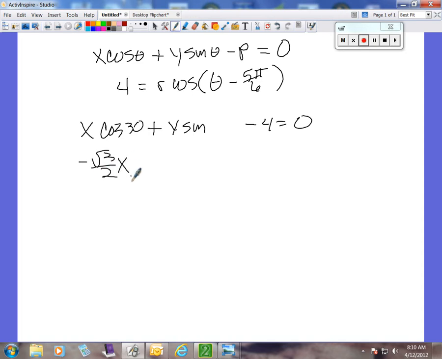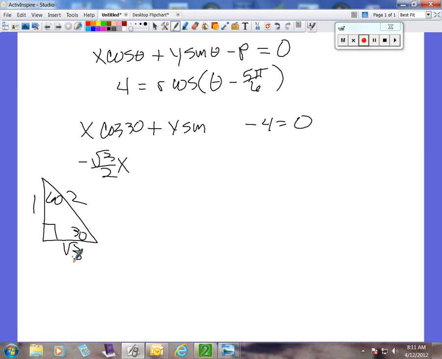Now, does everybody understand where we got that? We got that from your special triangle, like I had on the board earlier. Yeah, cosine of 30 is adjacent over hypotenuse, but 5 pi over 6 tells us we're in the second quadrant.